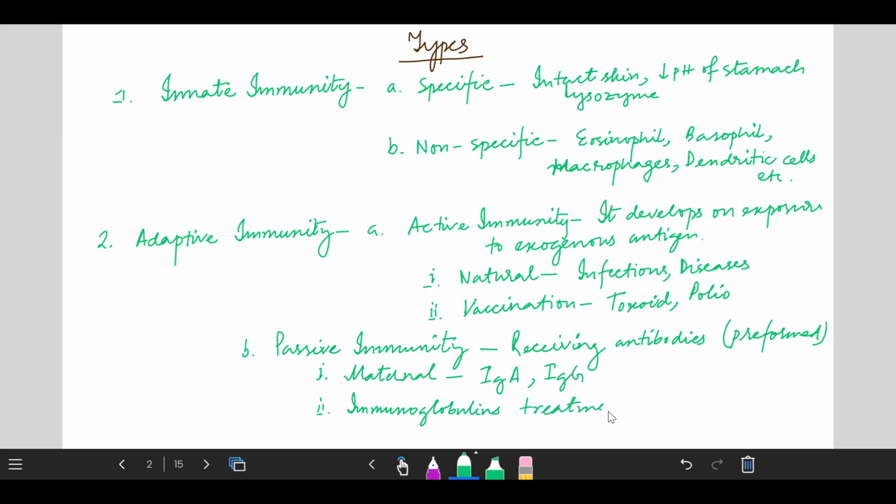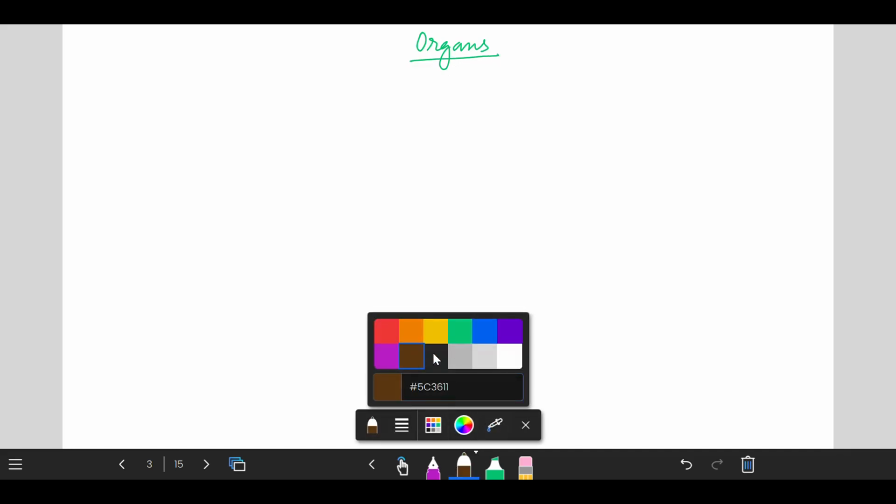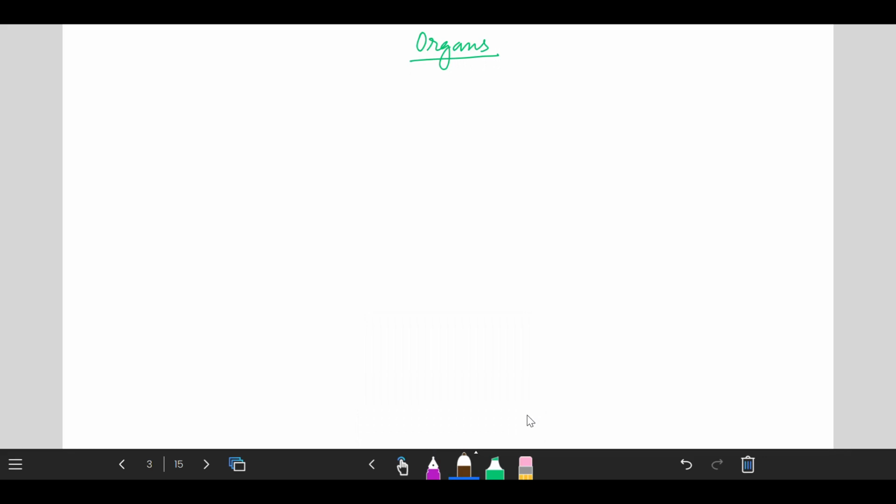Now we need to understand what are the organs involved in immune system. Okay, so first organ, that is known as primary organ or first degree organ, one is bone marrow, that helps in the maturation and production of B cells.